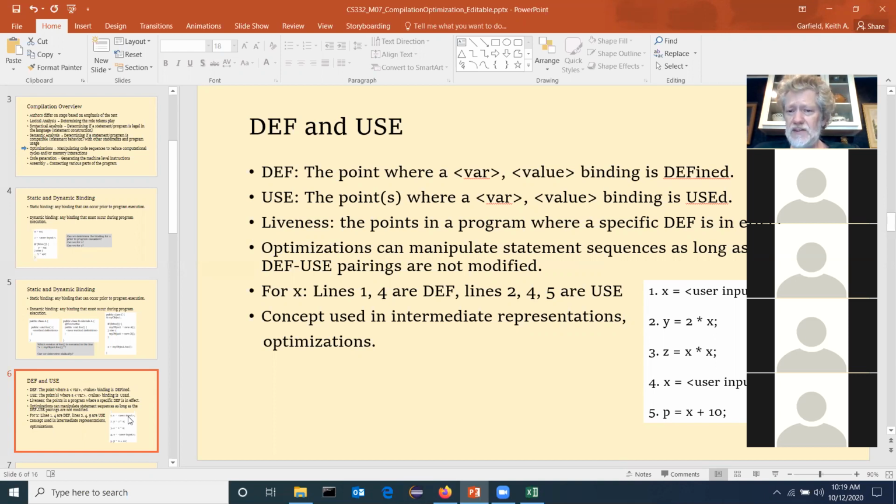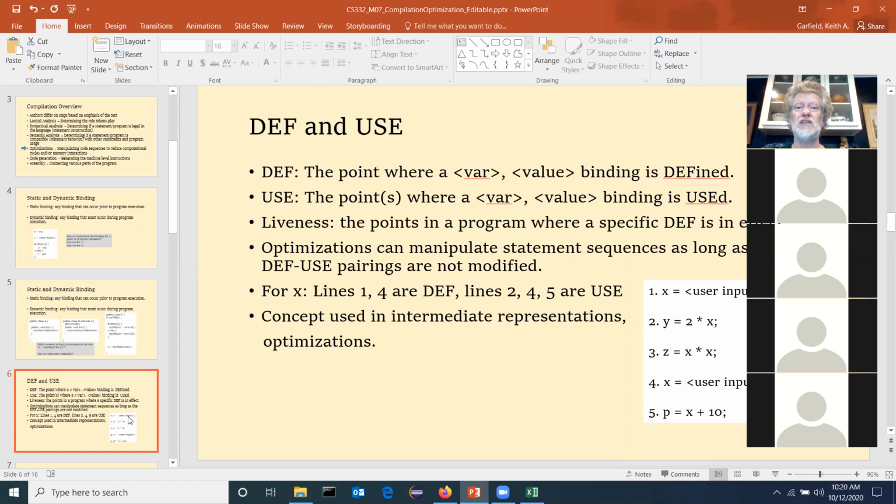Liveness are all the points in a program where a specific definition is alive. So for example, in this example of code I have that only has 5 program statements, I have a definition for X in statement 1. So that would be a def node or a def statement. And so once we've defined that value for X, then in statements 2 and 3, we use X. And then in 4, we have another definition. So that kills the old definition and it creates a new definition.